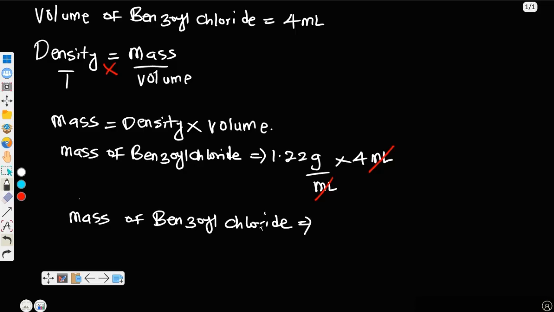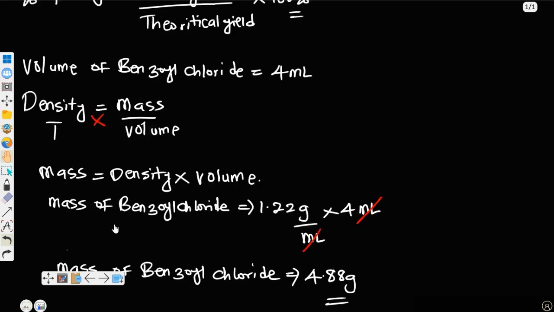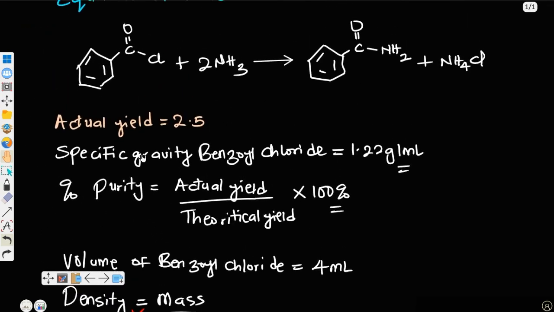Now, we need to look for the mass of benzoyl chloride because we are going to use it later to work. Alright? So let's punch our calculator and see what that gives us. This will be 1.22 times 4, which is 4.88 gram. So the mass of benzoyl chloride used is 4.88 gram.